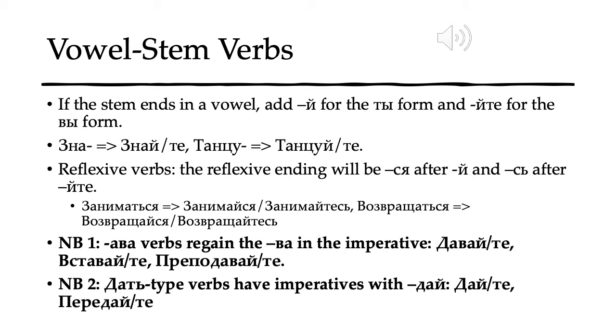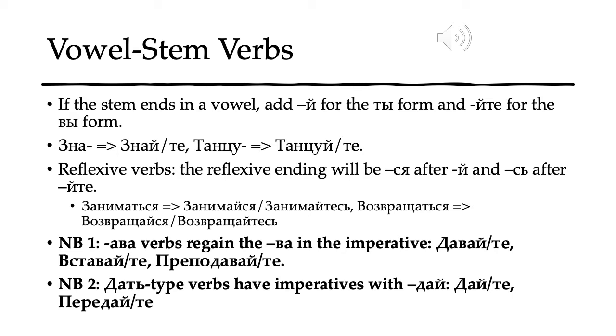If we have a reflexive verb, the reflexive ending will be ся after и краткое and сь after и краткое те е. Remember, we add ся to consonants and сь to vowels. So заниматься is going to become занимайся, занимайтесь. Возвращаться, to return, imperfective, is going to become возвращайся, возвращайтесь.